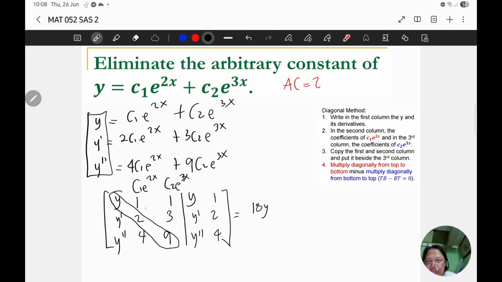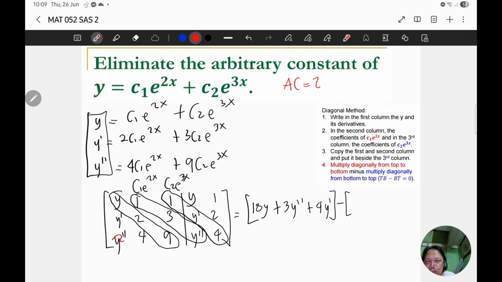Then, 1 times 3 times y double prime. That is positive 3y double prime. Then, multiply again, 1 times y prime times 4. And that is 4y prime. So, from top to bottom, minus bottom to top.